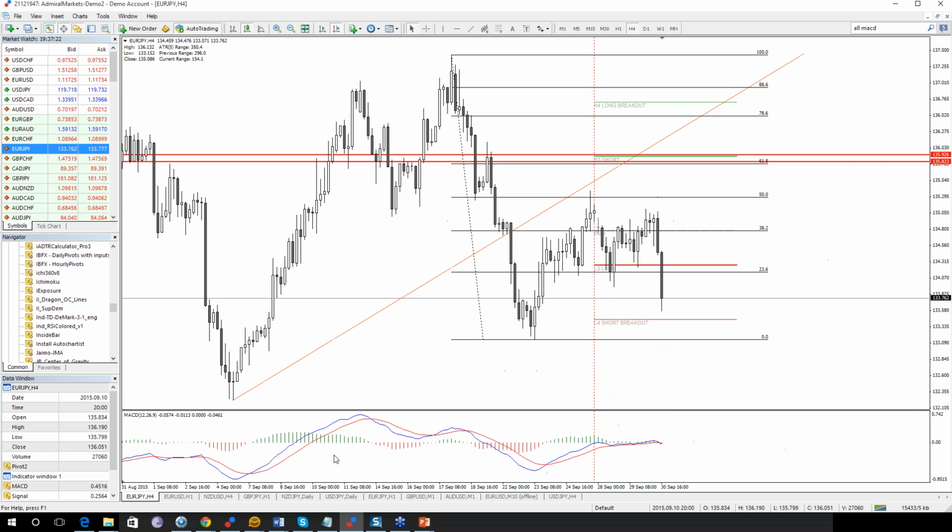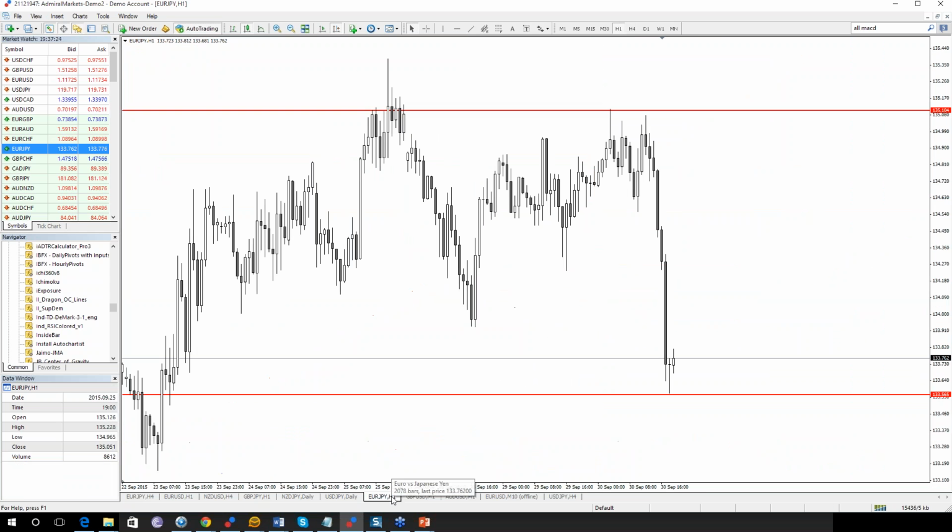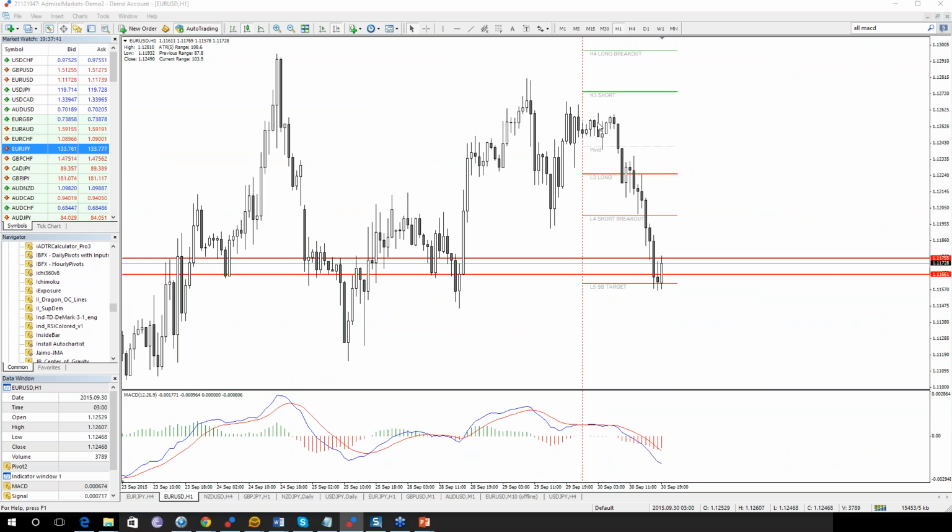Okay, let's see if I can quickly find an example where we have an active X cross. So basically where the price, I will be trying to find it. Okay, let's try to find it here.